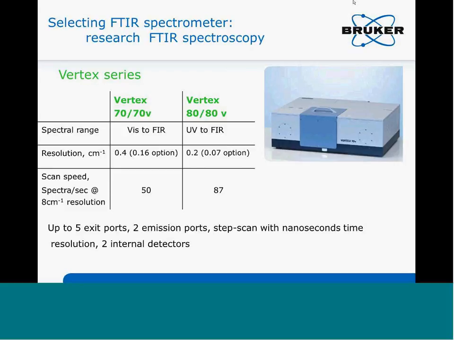The next step is a true research instrument. It's called the Vertex series, Vertex 80, and there's also a 70V and Vertex 80V, with V standing for vacuum, so there are vacuum and non-vacuum versions of the instrument. With a vacuum, you do not need to care about the contribution of atmospheric water vapor and CO2, because you will not see it under the vacuum. Of course, the spectral ranges of these spectrometers can be extended from UV to far infrared.